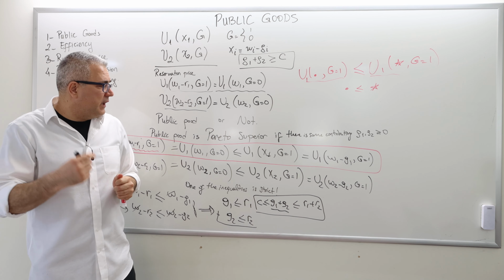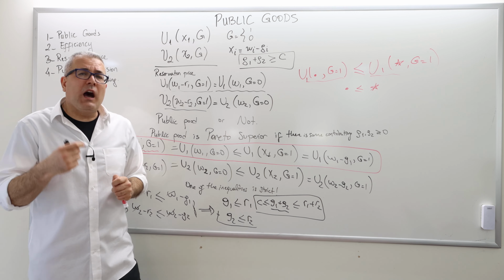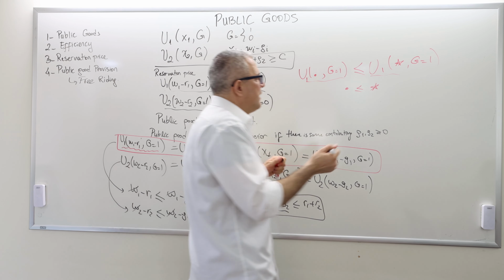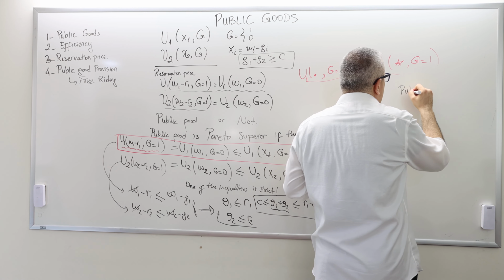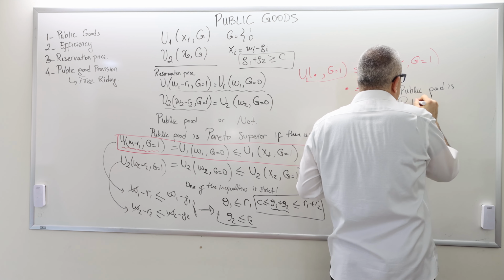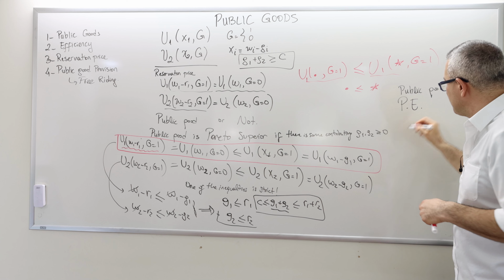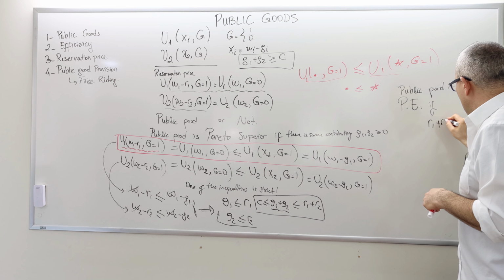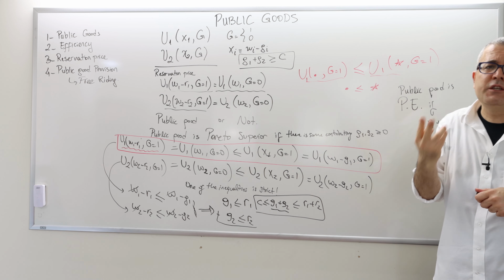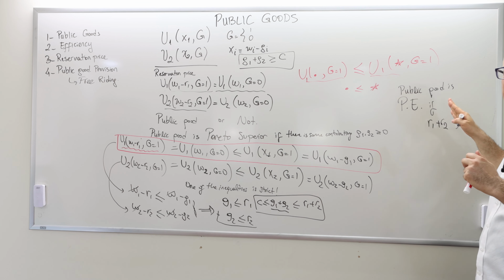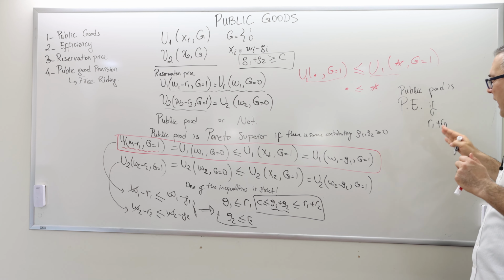a public good is Pareto efficient, where PE means Pareto efficient, if the reservation prices of the agents, here I have two agents, if I had n agents, it would be R1 plus R2 plus R3 all the way up to Rn.